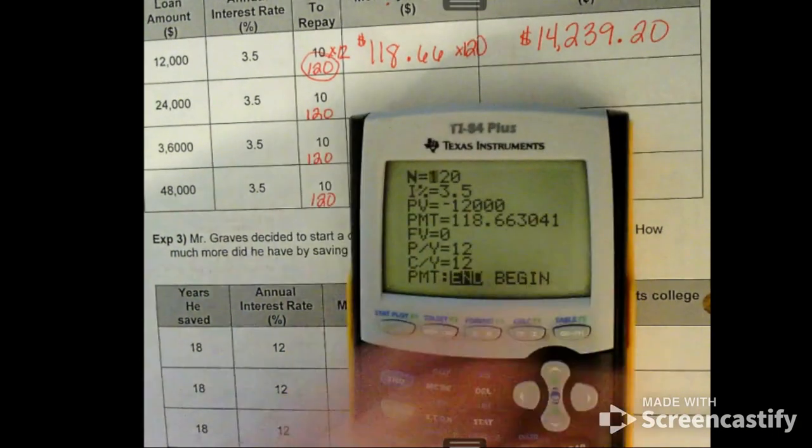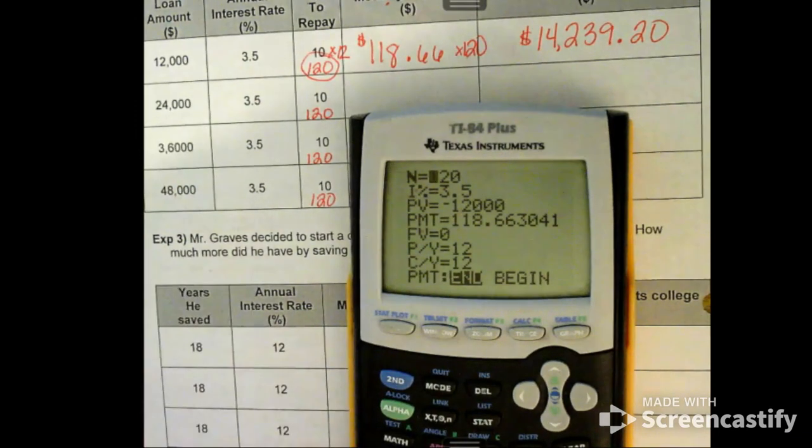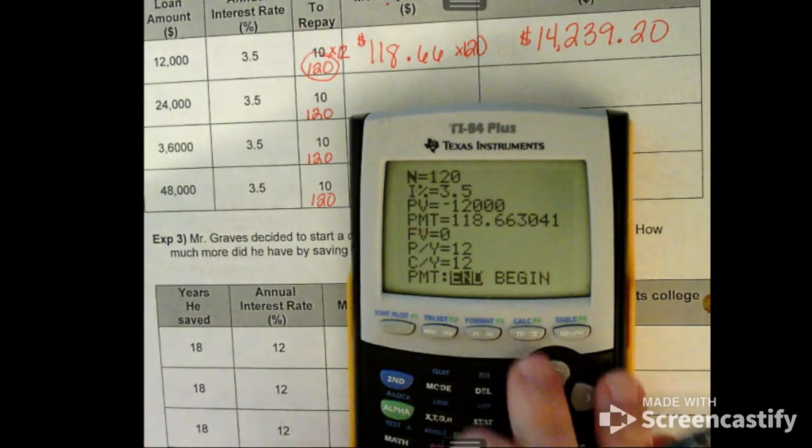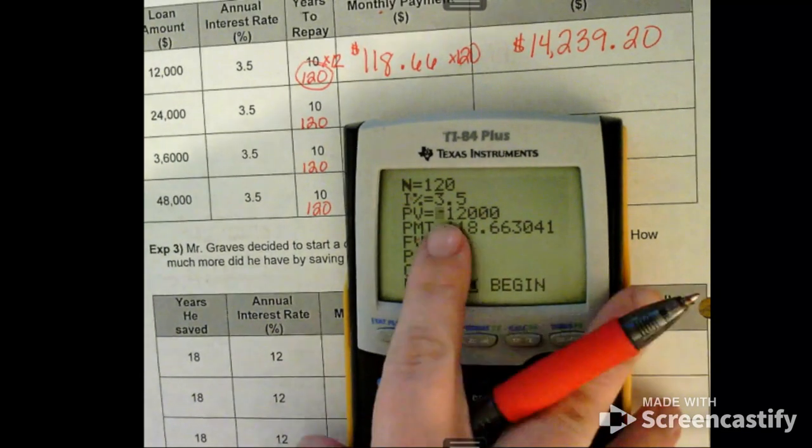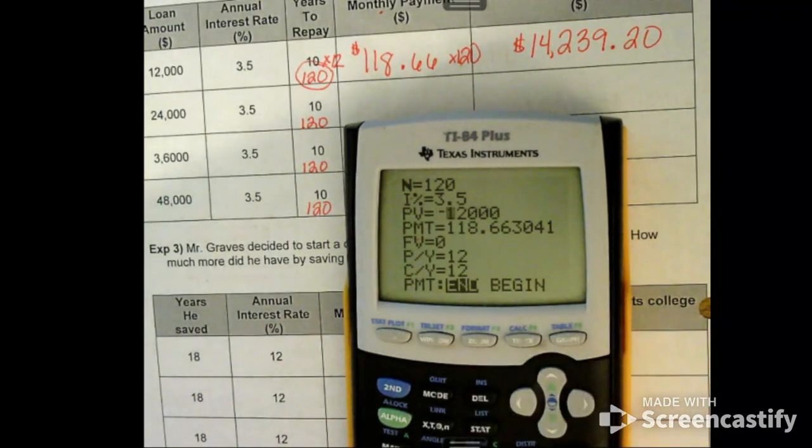All right. My loan amount, 24,000. Oh, wait, hold on. The 120 stays. My interest rate stays. So all I go to is present value and change it to negative 24,000. Payment amount, alpha, enter. There's my new payment.